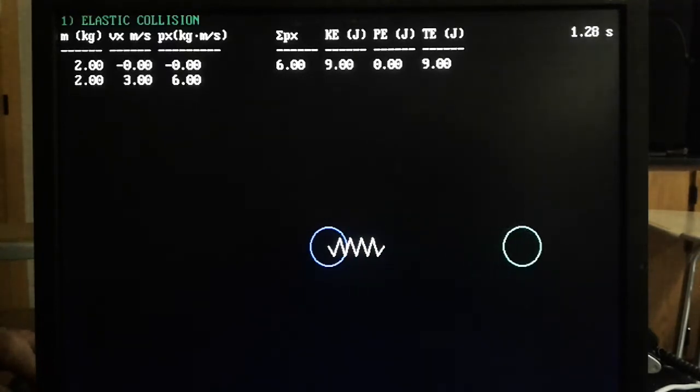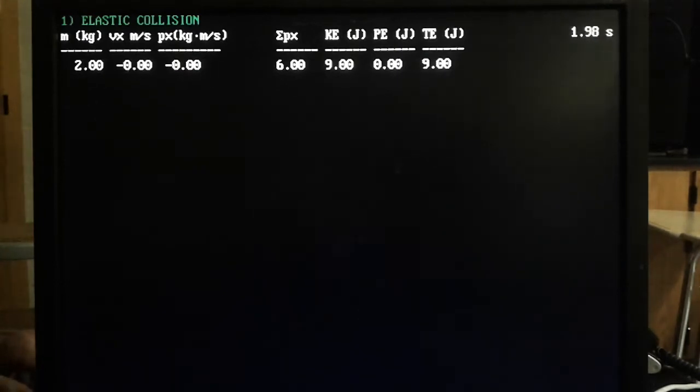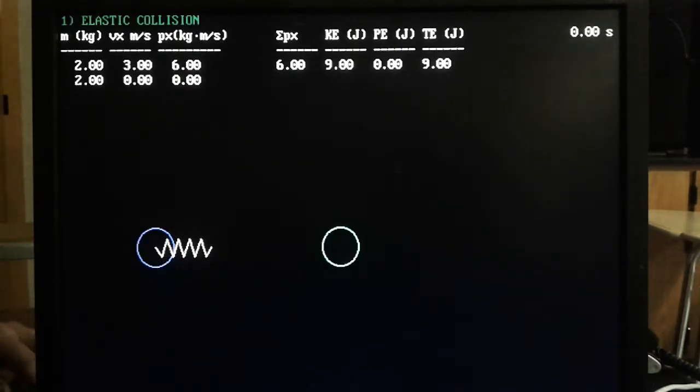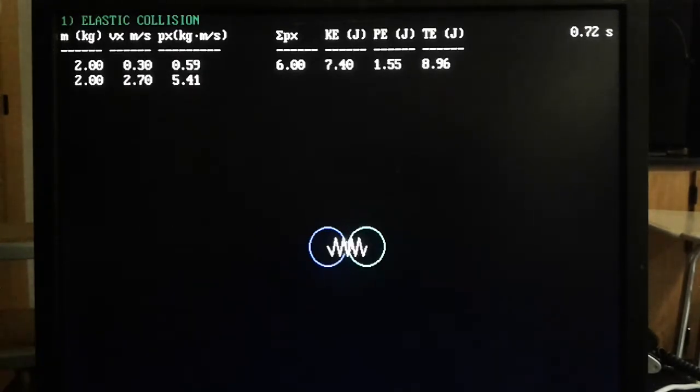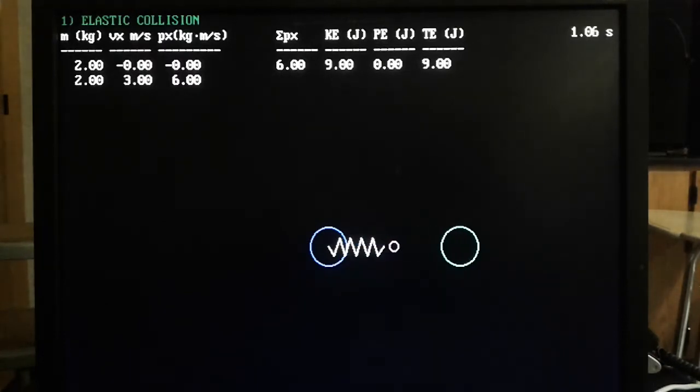Notice the total energy and the total momentum stays the same. Let's look at the center of mass motion. That stays the same as well.